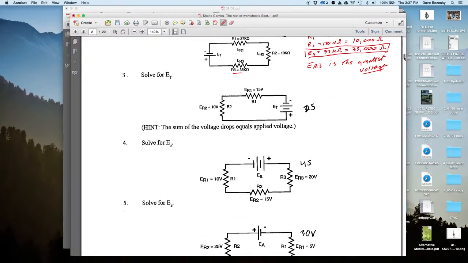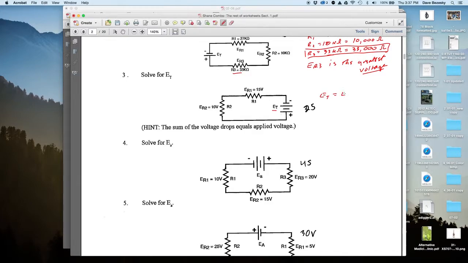Okay, let's move on to number 3 now. Solve for ET. ET is the total voltage here, and we talked about it in the last assignment sheet, assignment sheet number 1, that the total voltage is equal to the sum of the voltages across, or voltage drops across, the resistors.